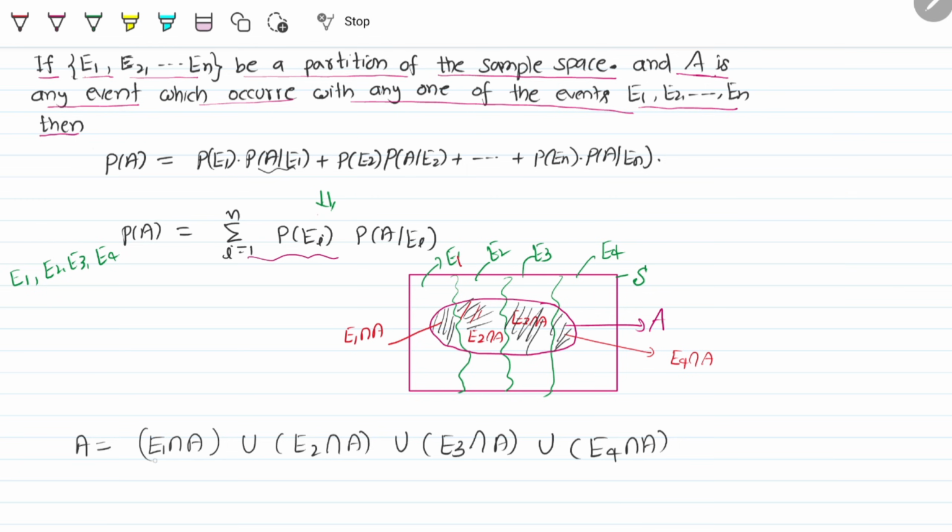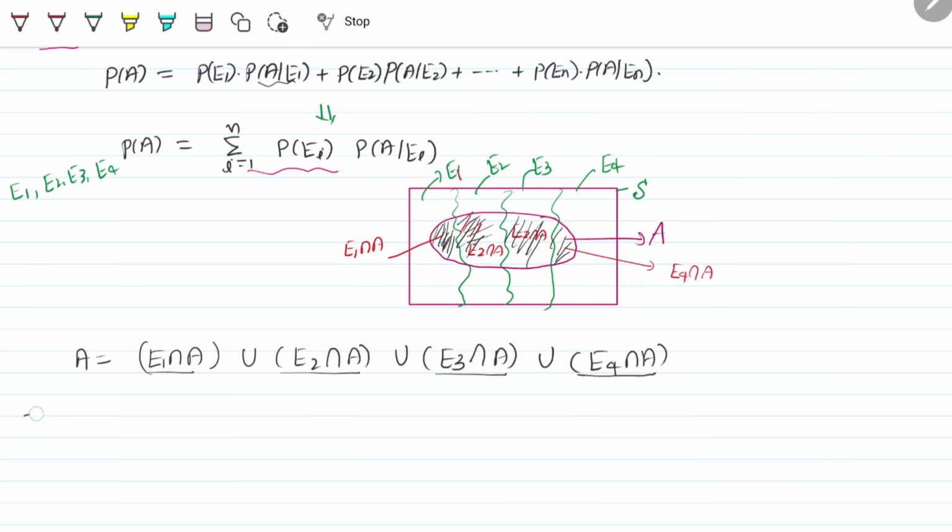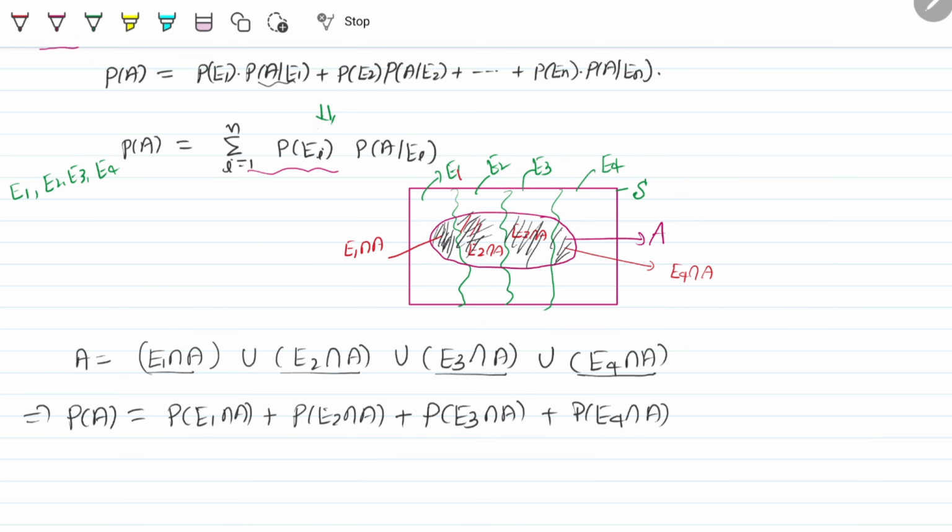Clear? E1 intersection A, E2 intersection A, E3 intersection A, E4 intersection A, they are mutually exclusive. Mutually exclusive means nothing is common. Here in this region, nothing is common. So they all are mutually exclusive. So if I apply the probability on both sides, it means P of E1 intersection A plus P of E2 intersection A plus P of E3 intersection A plus P of E4 intersection A. Union means plus, and we do not have to subtract anything.